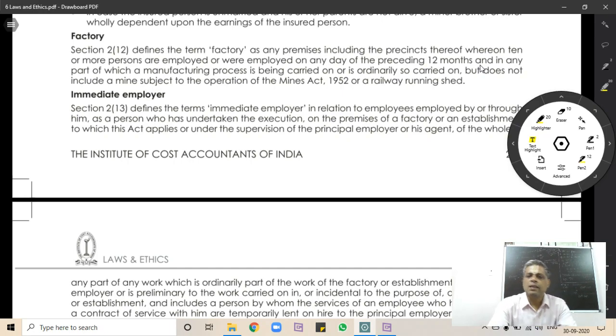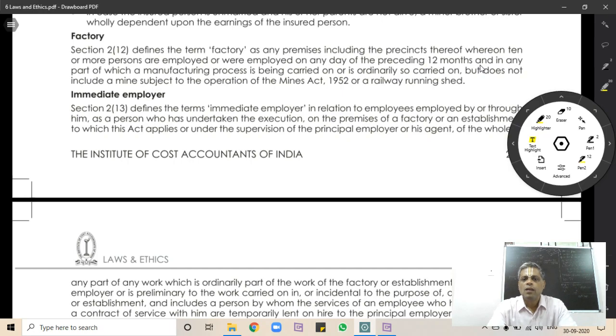Let's take for example a factory which employs not only the direct people, but also has other support functions like security guards, drivers, etc., which they normally don't put on the factory payrolls, but give to a subcontractor. There are a lot of security agencies which operate. So the security agency will supply manpower to the factory to guard the premises of the factory.